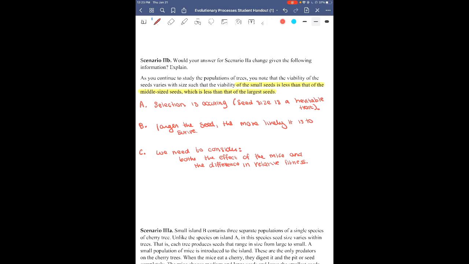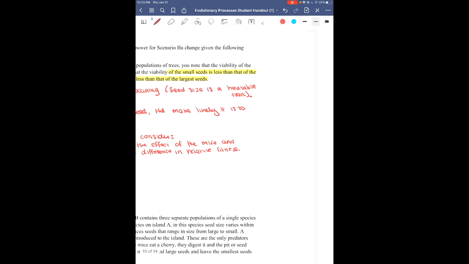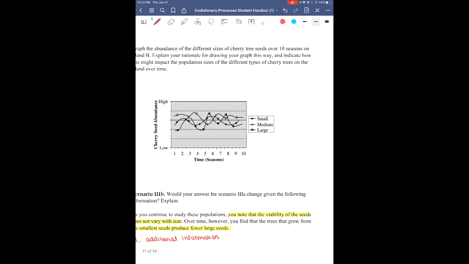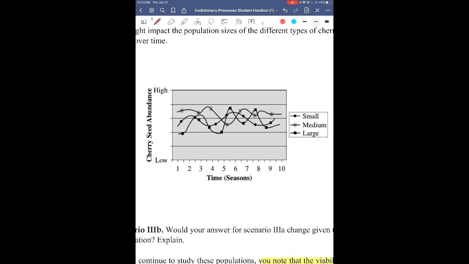So that's what it's saying here. The viability of the small seed is a lot lower, even though they're not being eaten by the mice. So because of that added information, we get this graph.